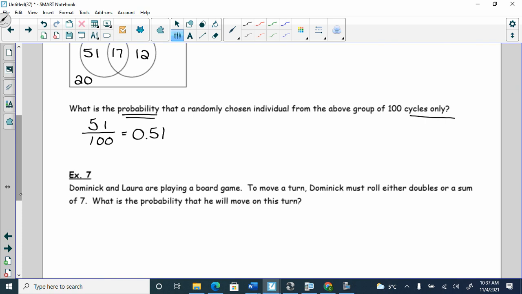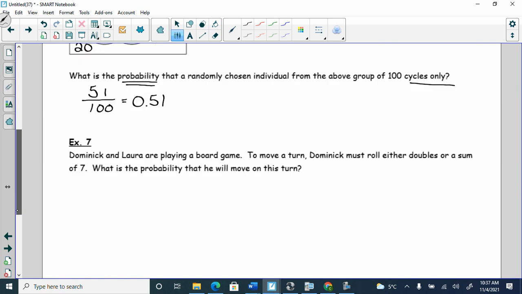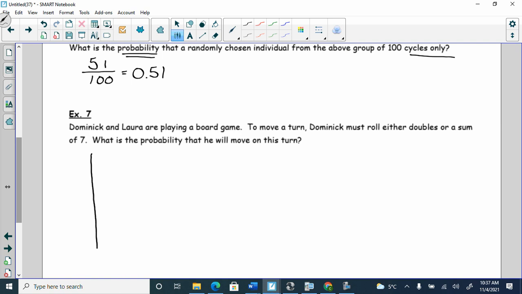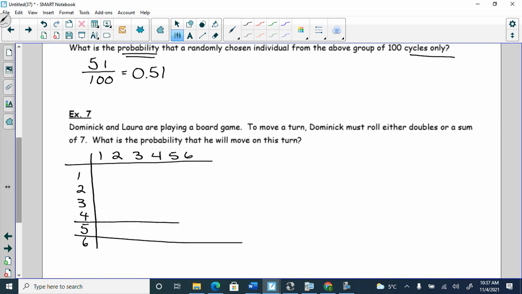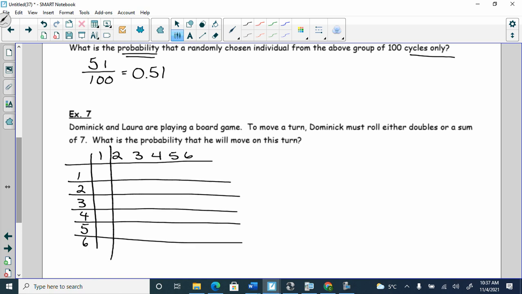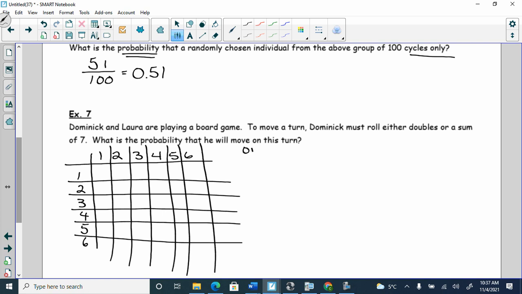So Dominic and Laura are playing a board game. To move a turn, Dominic must roll either doubles or a sum of 7. So I go and do my 1, 2, 3, 4, 5, 6, and 1, 2, 3, 4, 5, 6. So it's 1 event.